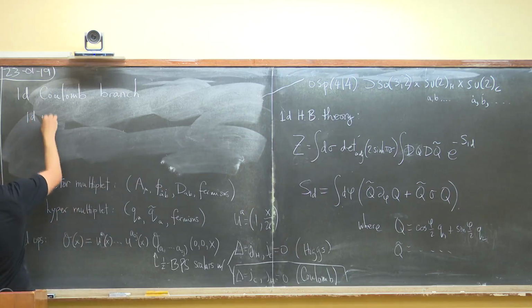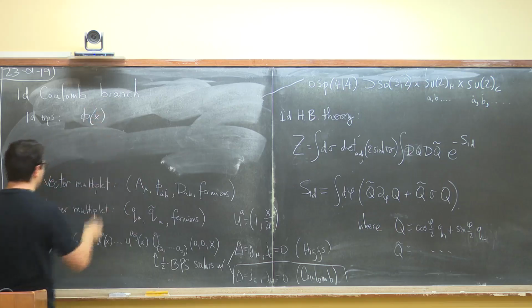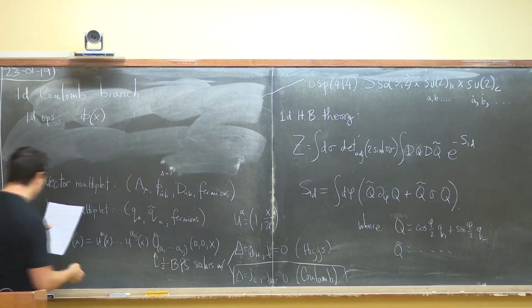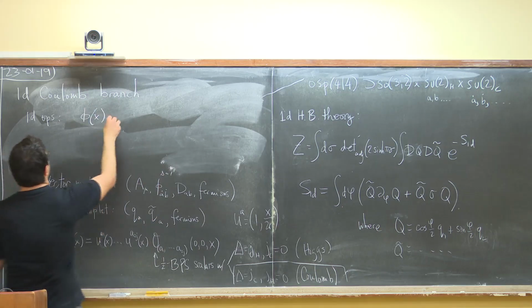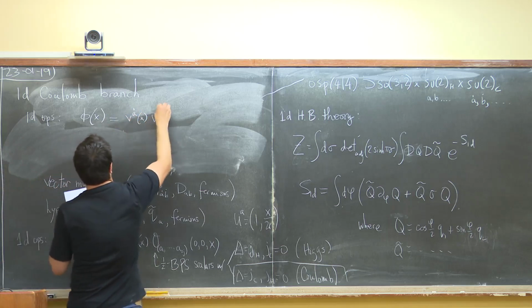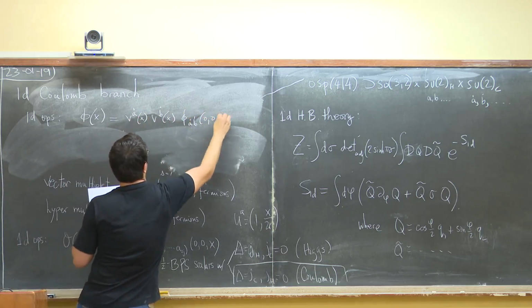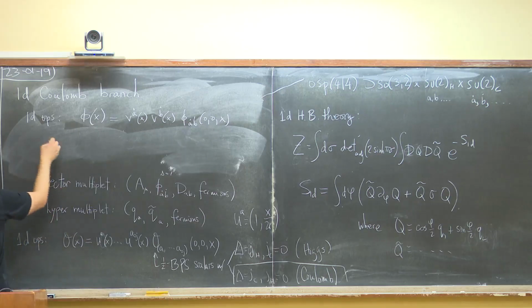The 1D operators are either constructed from these vector multiplet scalars, φ_{Ȧḃ}, which have dimension 1 and transform as the spin 1 representation of SU(2)_C. So this would be v^Ȧ(x) v^ḃ(x) φ_{Ȧḃ}(0,0,x). And the other type of operators are monopole operators.